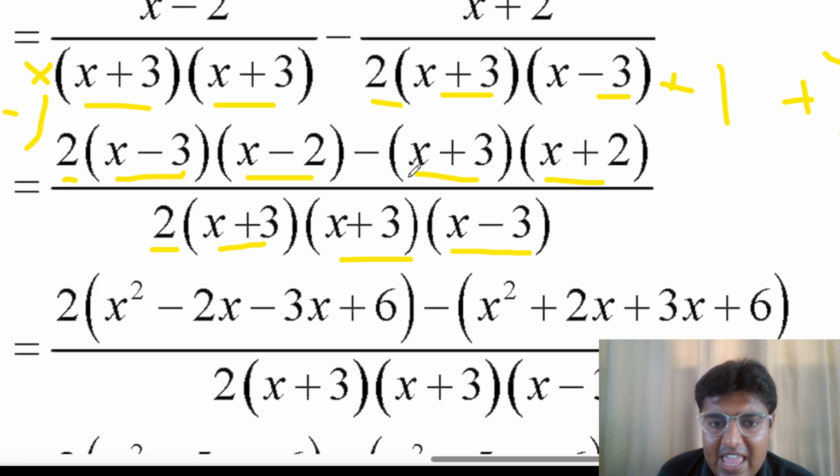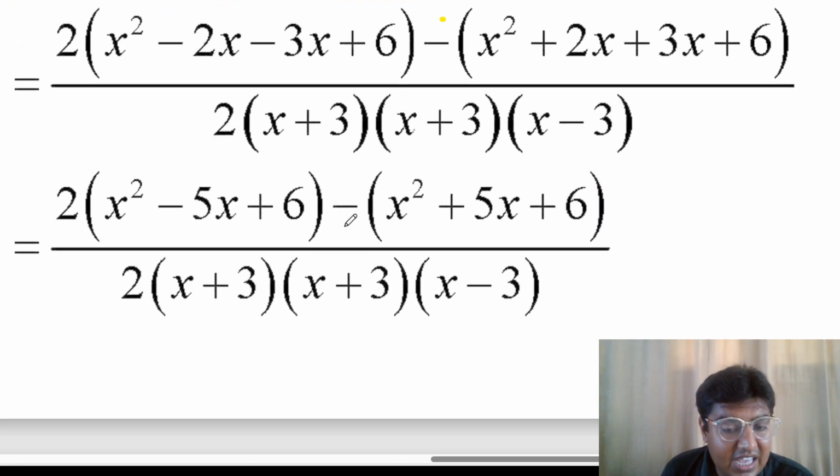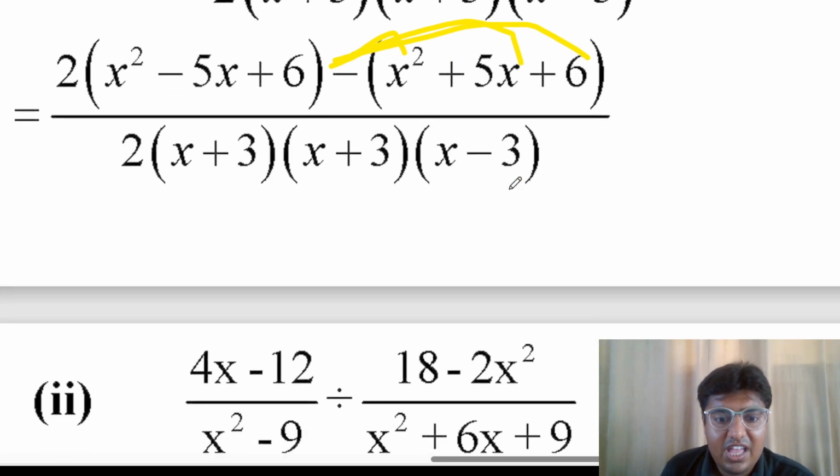Same working here. X multiplied with complete bracket x plus 2, plus 3 multiplied with complete bracket x plus 2. You will get the steps. This minus is going to multiply. Be careful. Minus x square minus 5x minus 6.